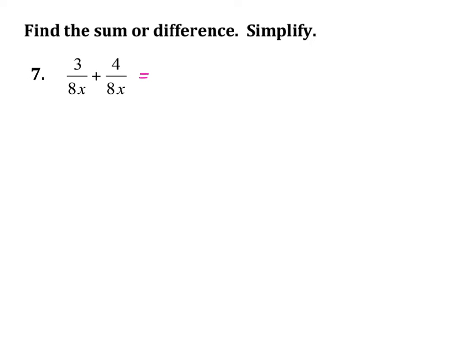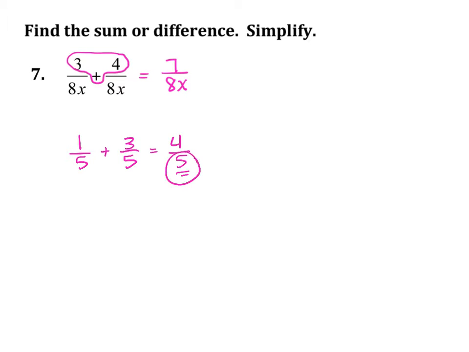When I add, I add my numerators together, but I keep the denominator the same. If I had 1/5 plus 3 more fifths, altogether that was 4/5. The denominator stays the same.